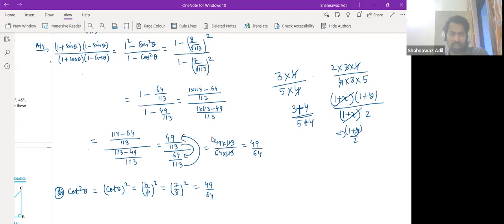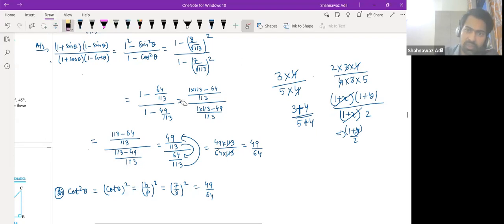Did you note down these portions? Yes, noted. Let us understand the next question.